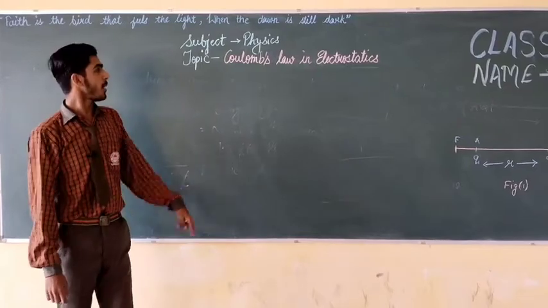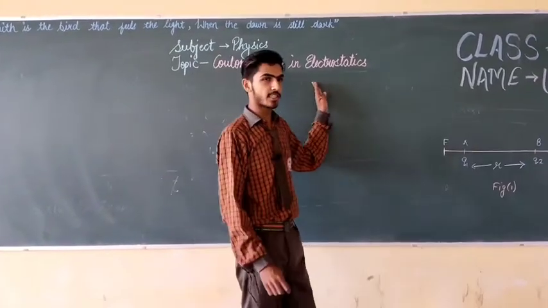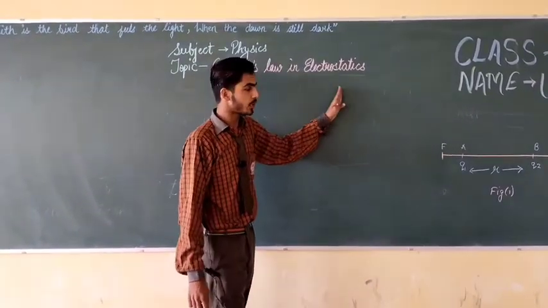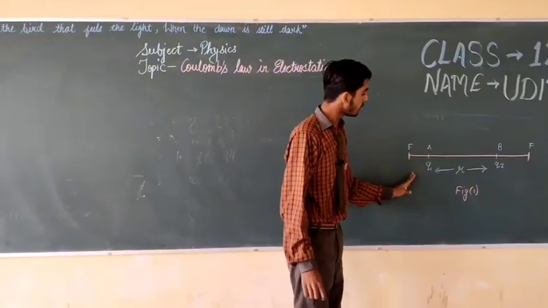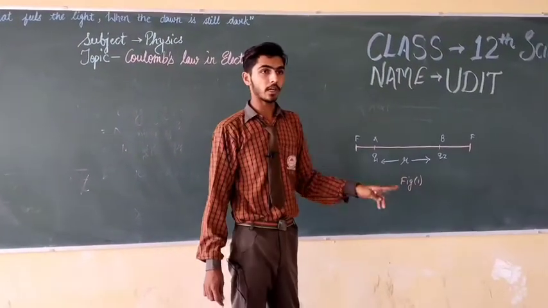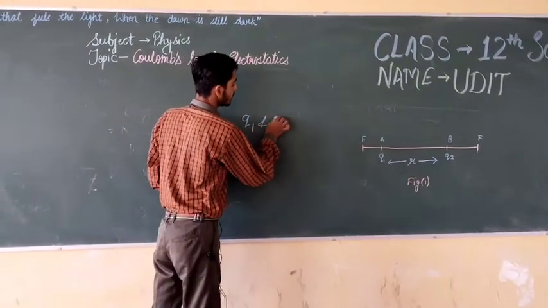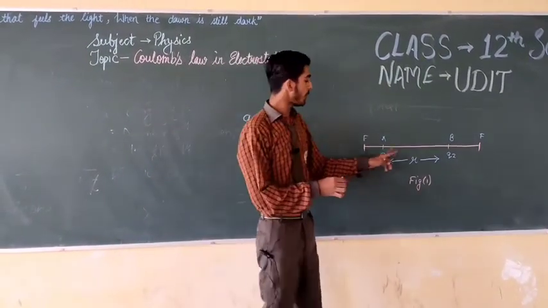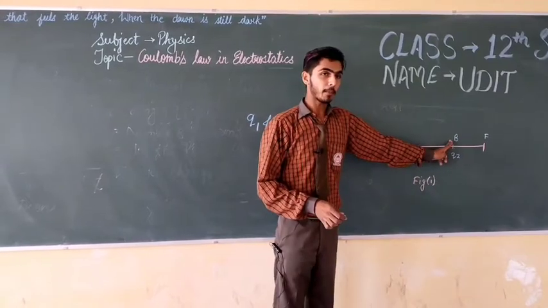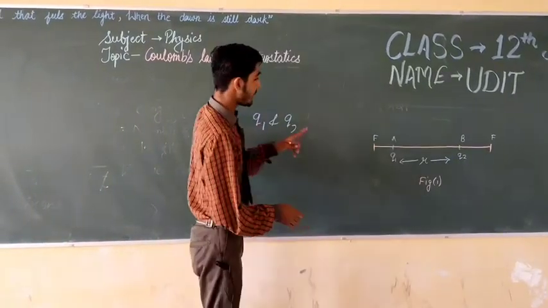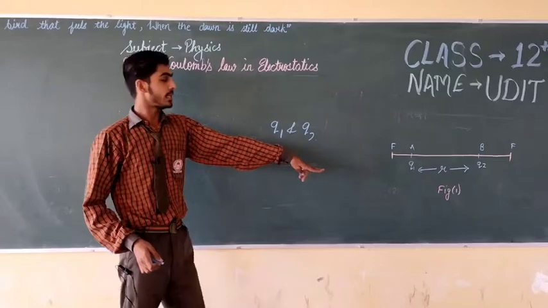Next we will discuss Coulomb's law in electrostatics. Let's have a look at the figure. We have two charges Q1 and Q2 present at point A and point B, separated by a distance r.